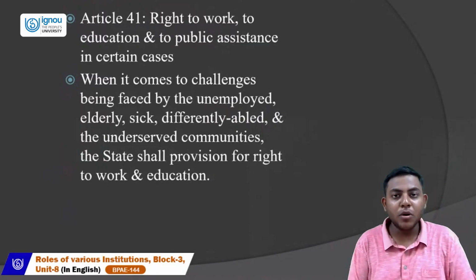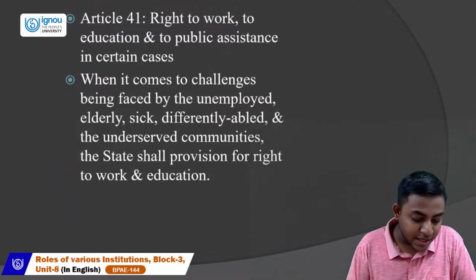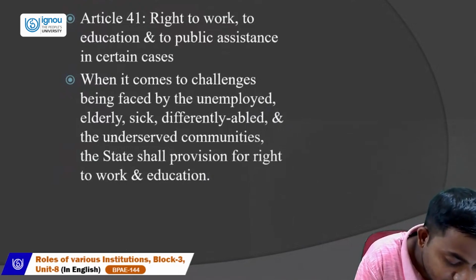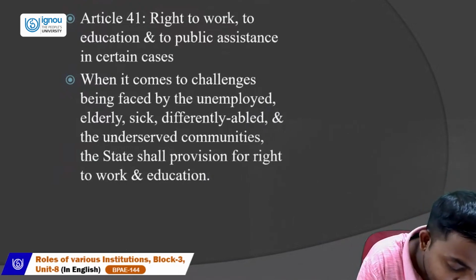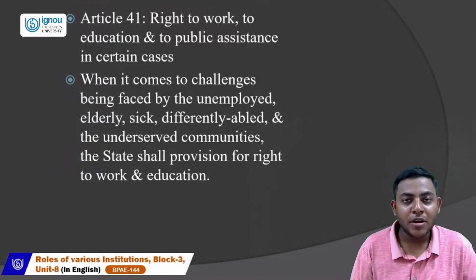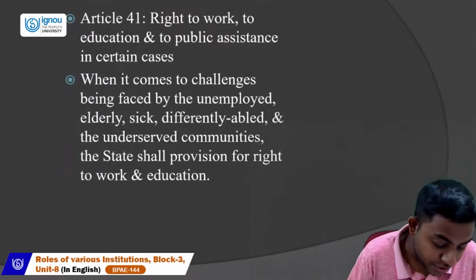formulation. And the Supreme Court, in its judgment of Minerva Mills, it has clearly said that the balance and harmony between the fundamental rights and the directive principles is an essential feature of the basic structure of the Indian Constitution.